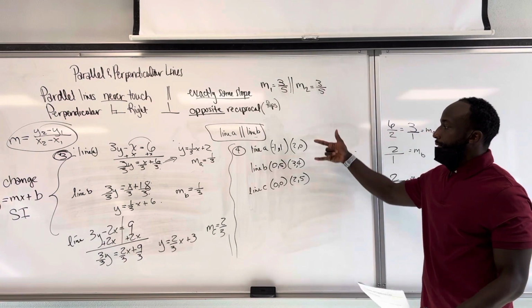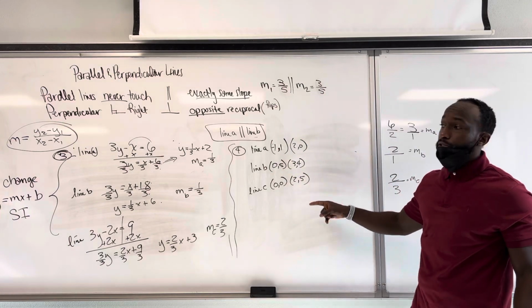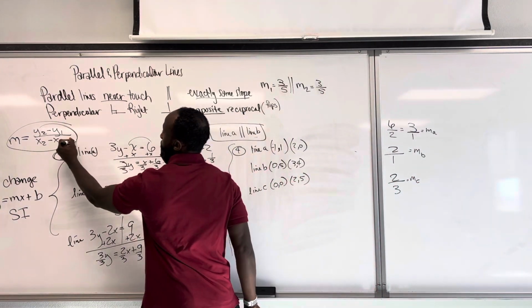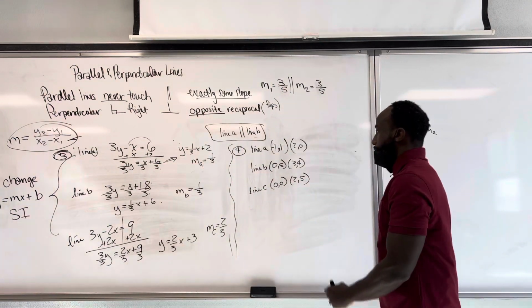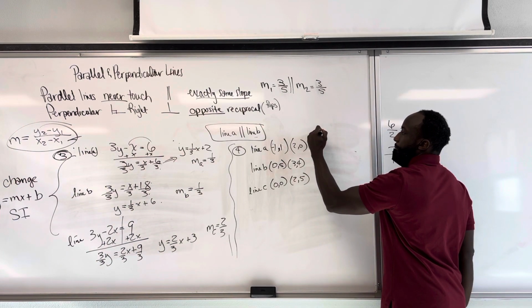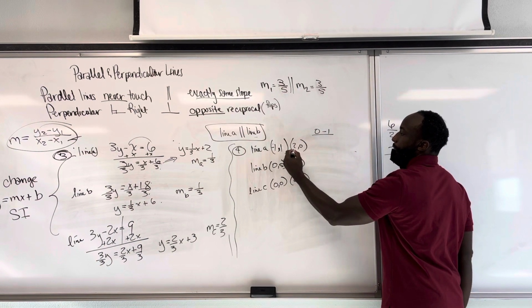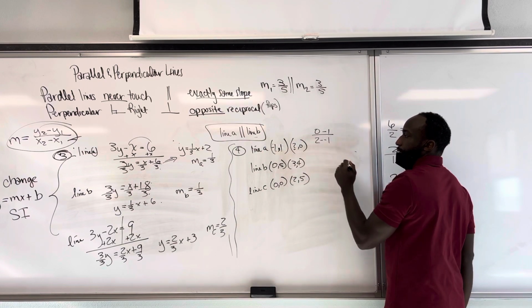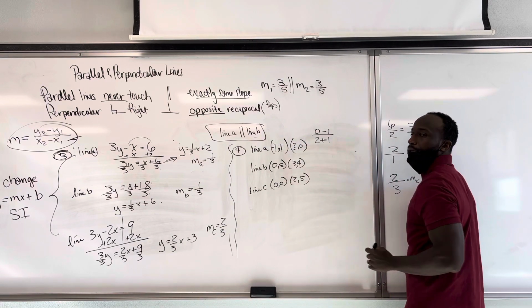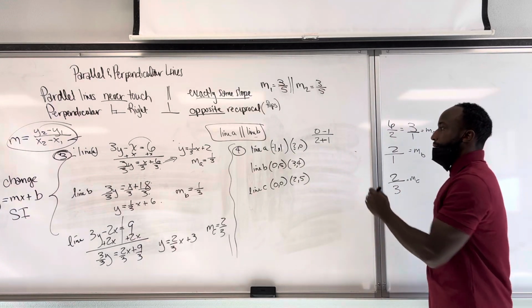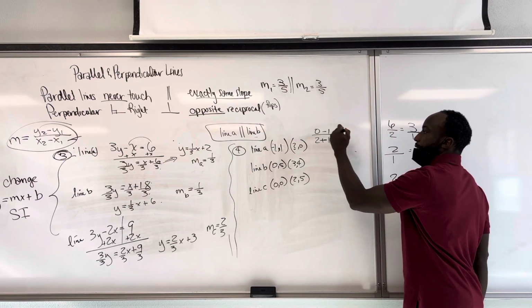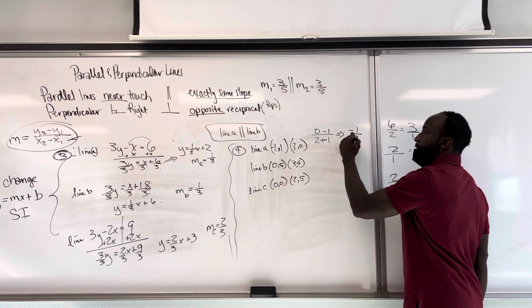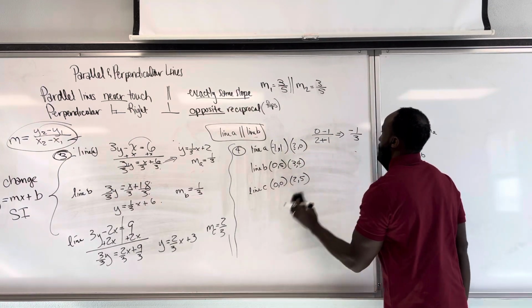Okay. To figure out the slope when given 2 points, you use the slope formula. Right? So it'll be y2 minus y1 over x2 minus x1. Minus negative makes it plus. All right? So this slope is going to be negative 1 over 3, 1/3. Okay?